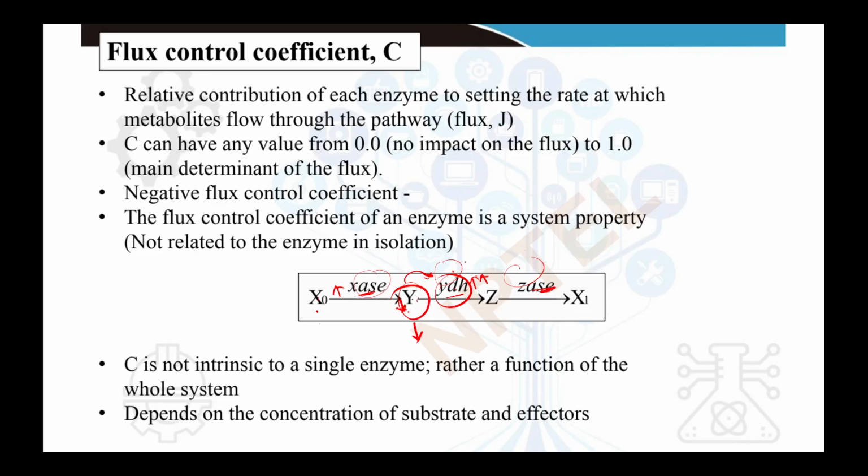So this flux control coefficient, it can be negative as well, because if there's a branching in the pathway, let's say X goes to Y goes to Z, this is one pathway.